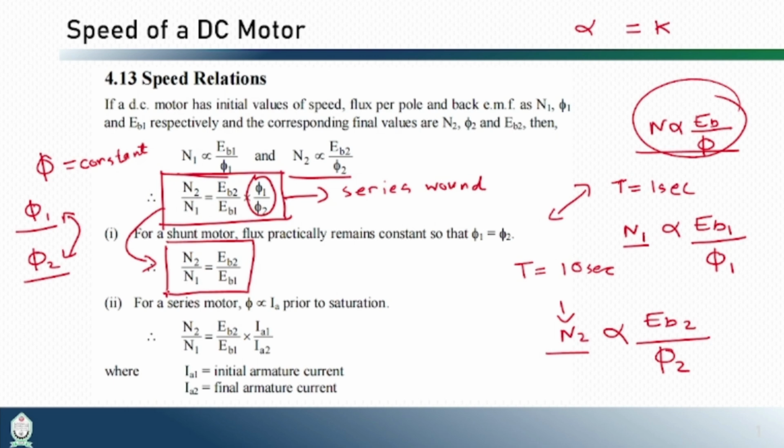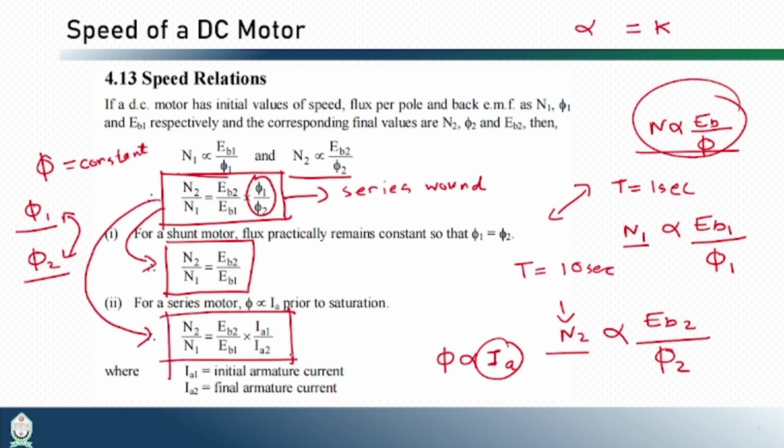And for a series motor, we can derive it in a different manner. As we know, for a series motor, phi is proportional to armature current, which we have mentioned a bit earlier. So this phi can be replaced by Ia, and thus this formula can look like this.